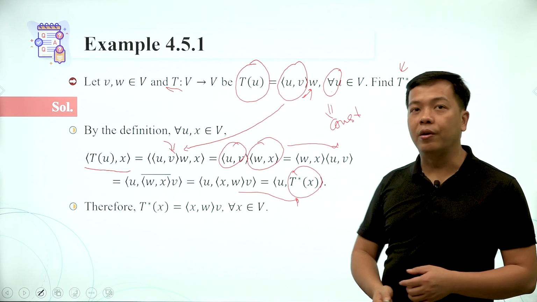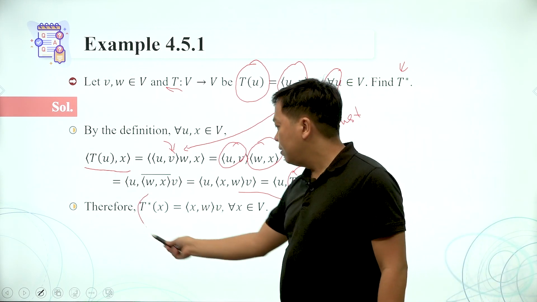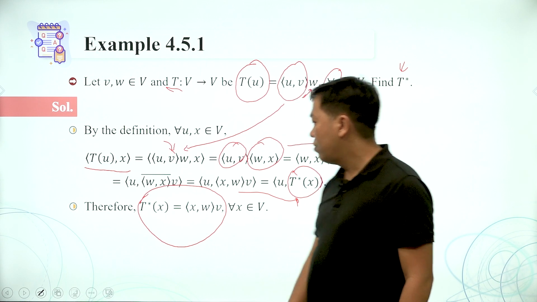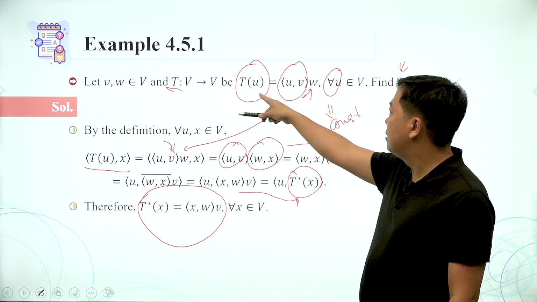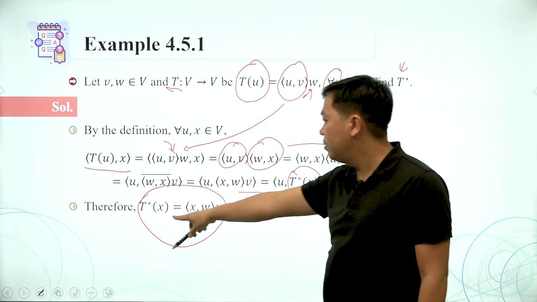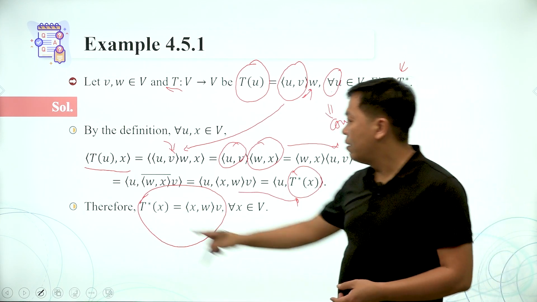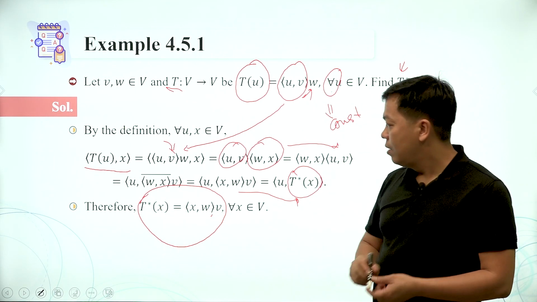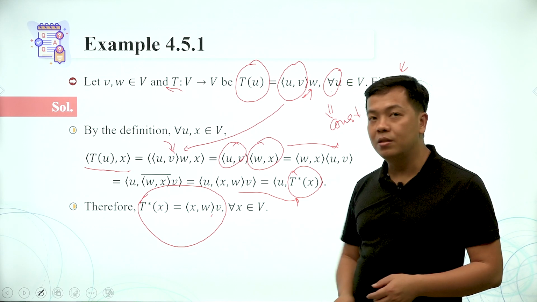This is the proof for the adjoint operator. The key point after this is the result for the adjoint. After you take T applied to vector u and use the transform from the adjoint operator, you get a new value for the inner product multiplied with a new vector.